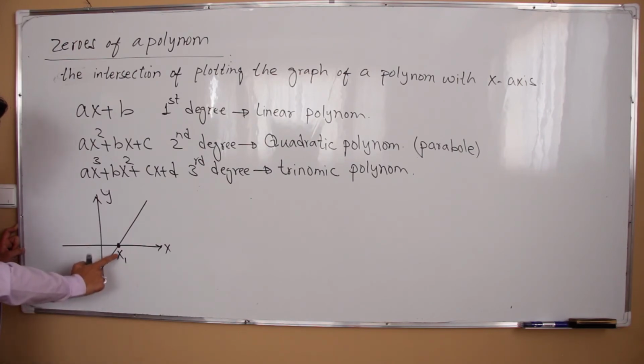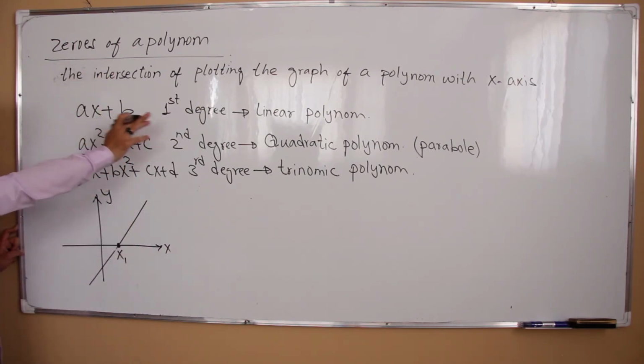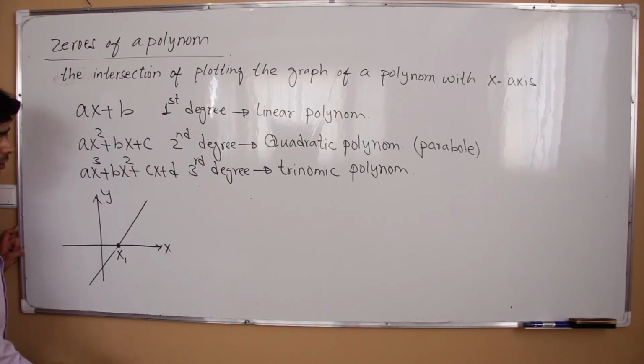Do not count the y-axis, just the x-axis. If we have one intersection, this is called the zero of the first degree or linear polynomial. Generally, not generally, always 100%. A linear polynomial has one intersection with the x-axis.